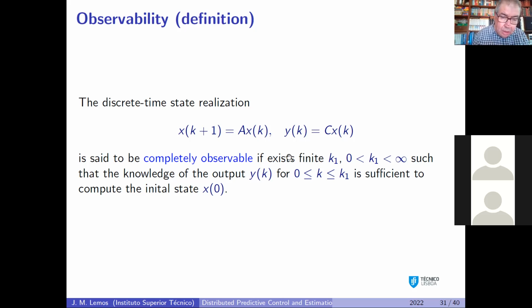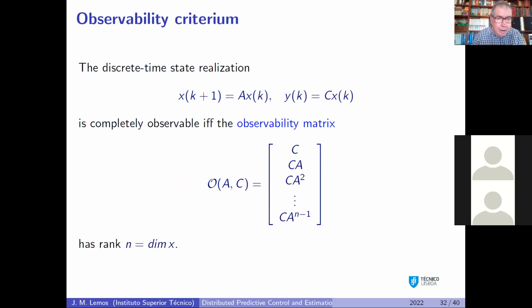So you are looking at y, and if you are able to find out the initial state, then you say that the system is completely observable. The criterion is that this matrix, called the observability matrix, has a rank equal to the dimension of the state. Now this matrix depends on C and A. The previous one depended on A and B.